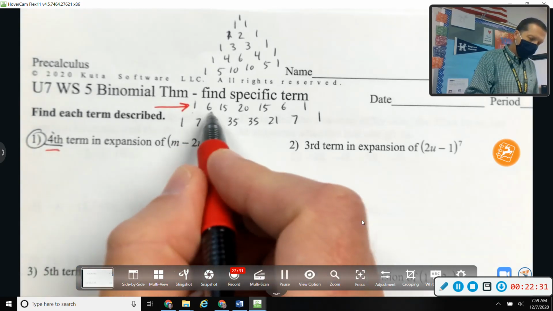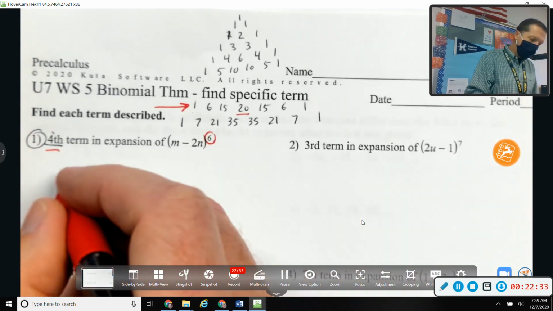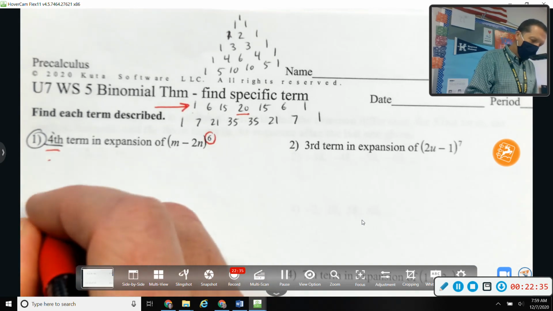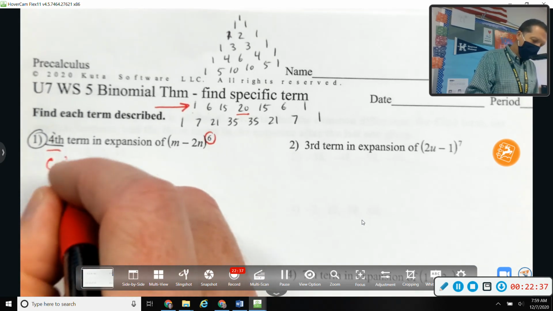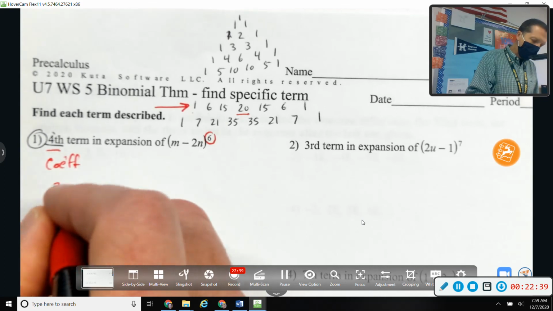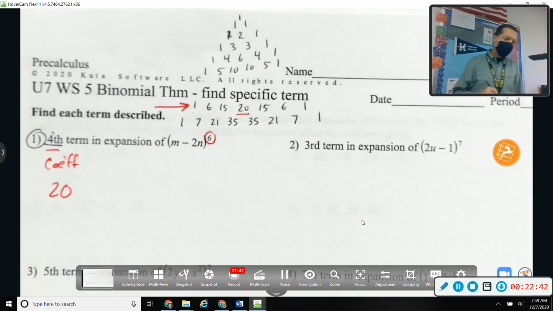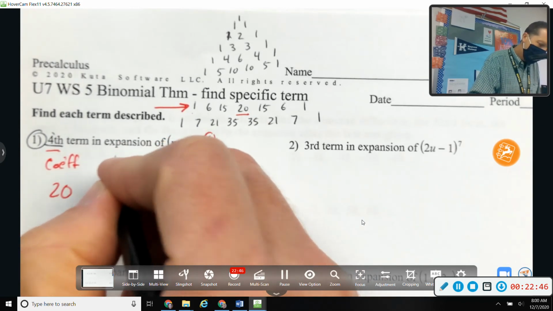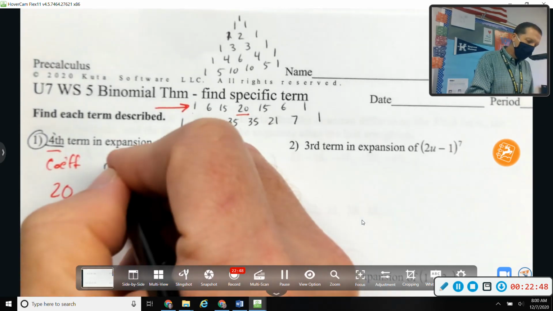1, 2, 3, 4. So my coefficient will be 20. And then my m's.